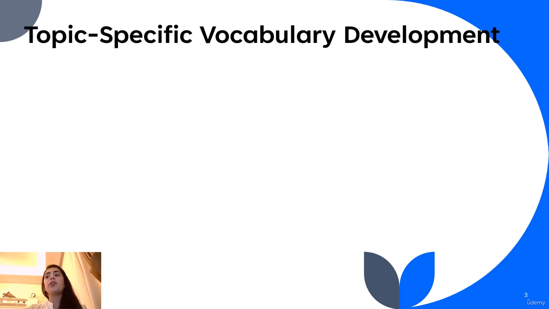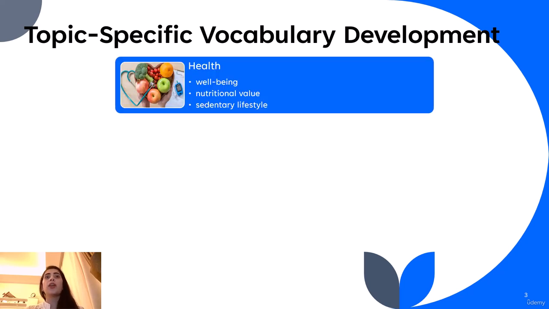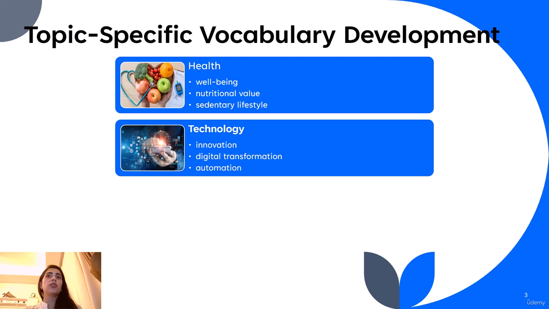Another way to expand your vocabulary is by developing topic specific vocabulary. For IELTS, it's helpful to build a bank of words and phrases related to common essay topics like health, technology, education, and the environment. For example, for the topic of health, we might use words like well being, nutritional value, sedentary lifestyle. For technology, innovation, digital transformation, automation.